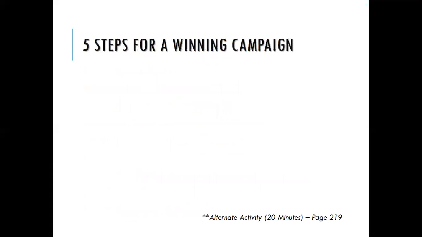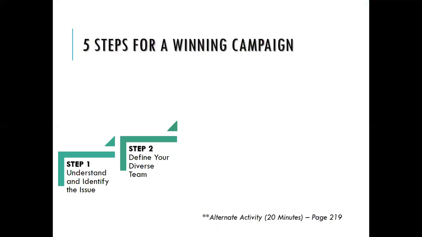The presentation part of this module is around the 5 steps for a winning campaign. Step 1 is really about understanding and identifying the issues. This is the critical piece, the base, the foundation of a campaign. Defining our diverse team, involving young and old, and everyone in between. Step 3 is around researching the power and the players in our communities.